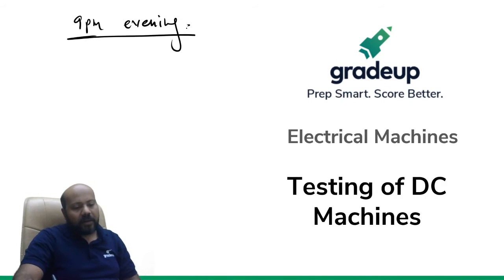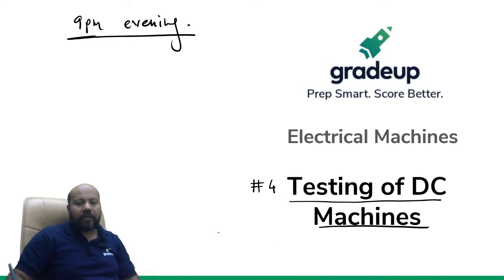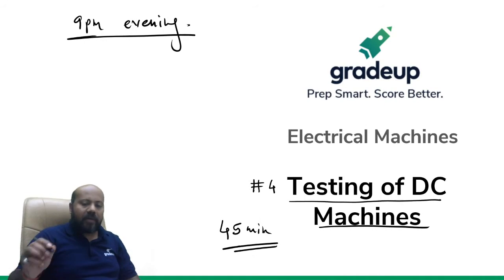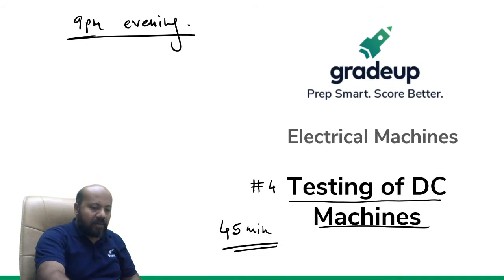We are discussing the important concepts and theoretical detail, and we have already completed 3 lectures in this series, and this is the 4th lecture. I will try my level best to complete the testing of DC machines in just 45 minutes. Within 45 minutes, our aim is to understand the conceptual understanding of the testing of DC machines.